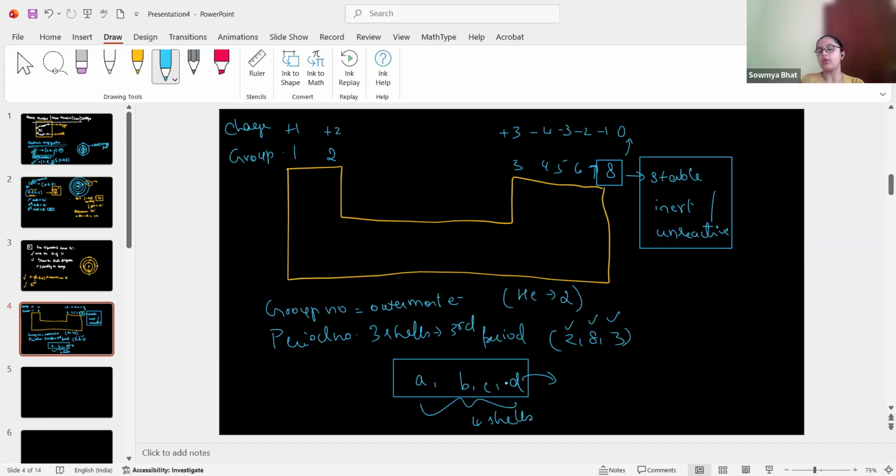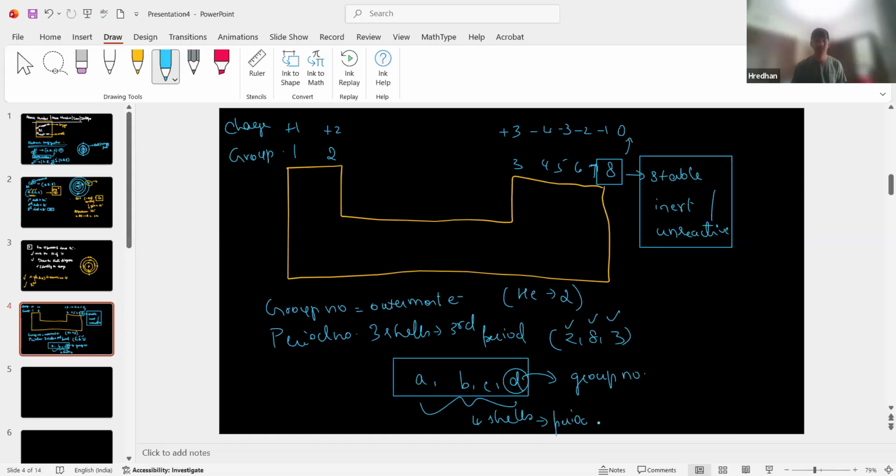The outermost electron count becomes the group number. This is how you do it. Yeah, it's clear.